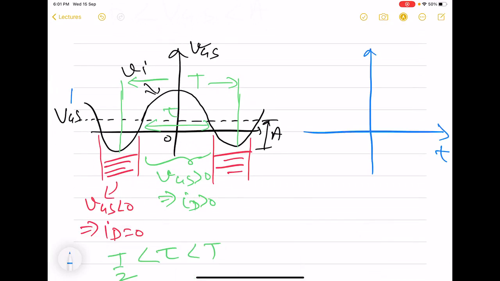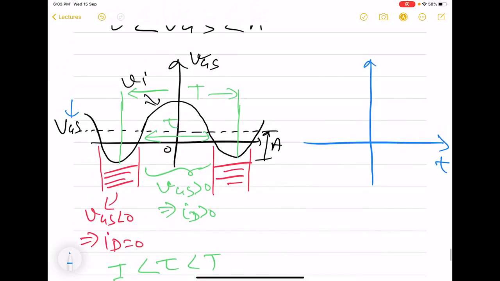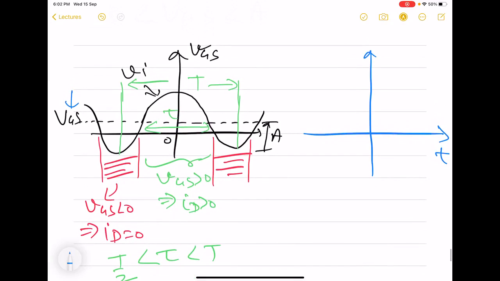So since there is some finite gate to source voltage, obviously there will be some drain current also there, determined by this. So IDC is going to be there, non-zero IDC. And on this IDC, our drain current is going to oscillate. In fact, what I have shown here is wrong.